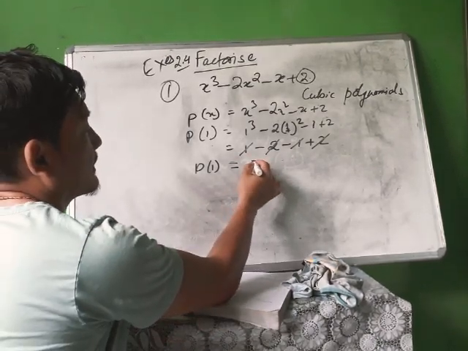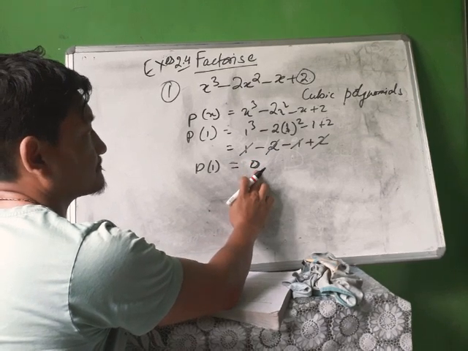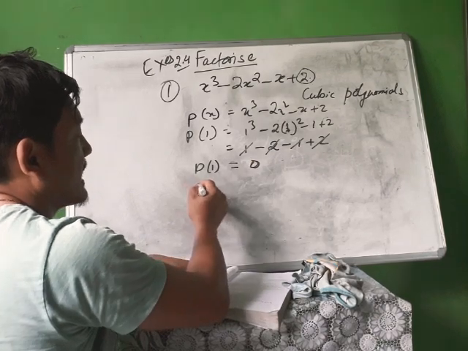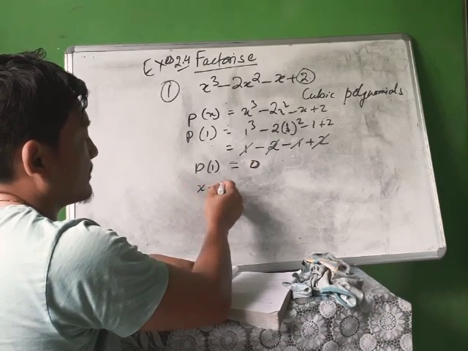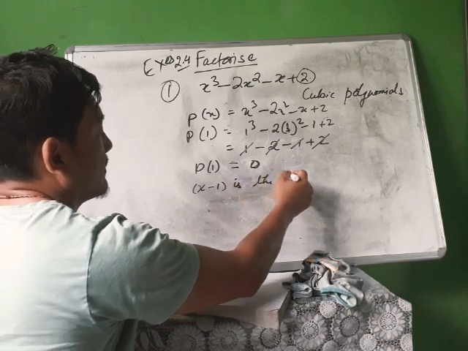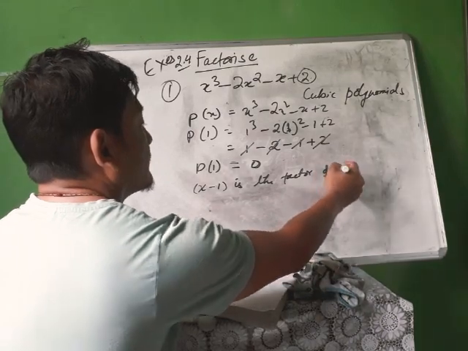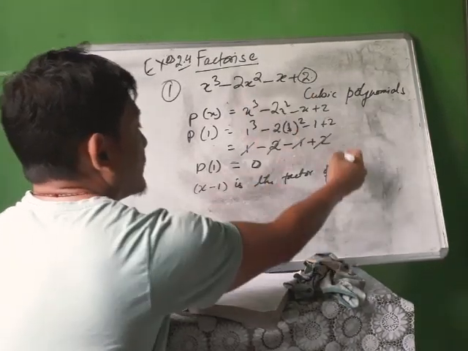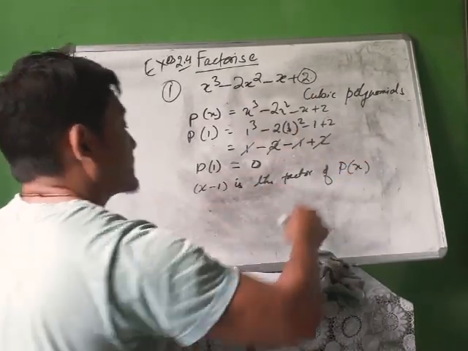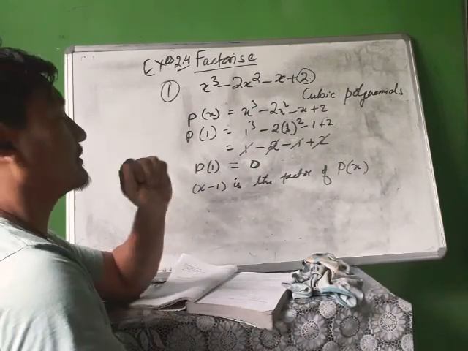If you are having 0 here, it means that x minus 1 is a factor of the given polynomial p(x).